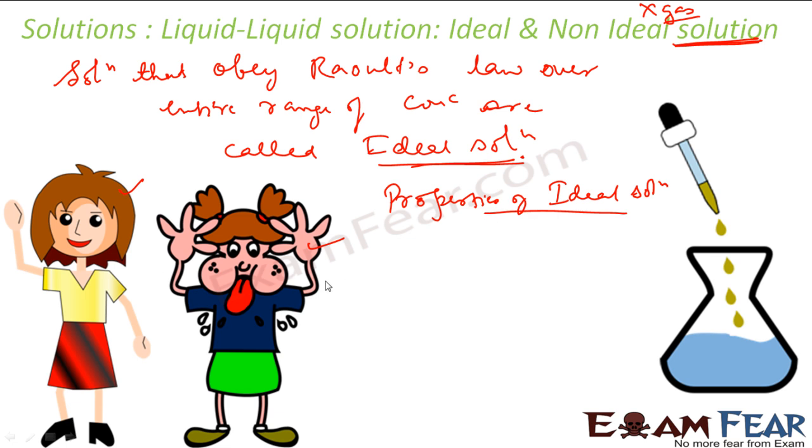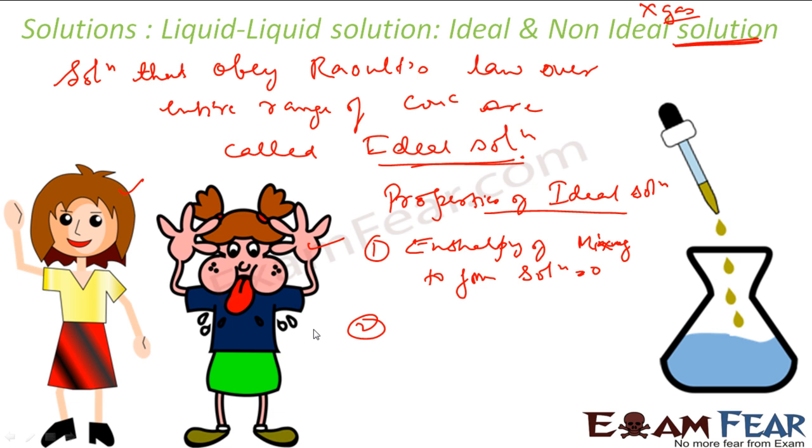What is the property? The enthalpy of mixing pure components to form a solution is zero, because there is no energy required or liberated to mix solute and solvent to form the solution. That is one property.